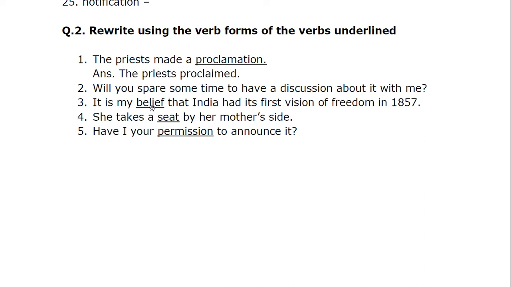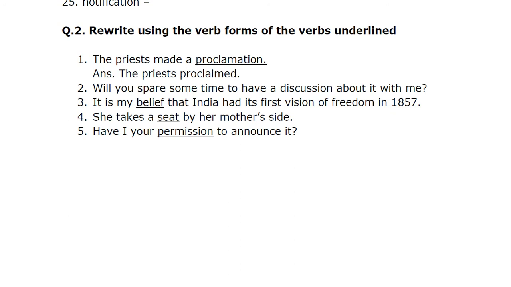So, belief becomes. Okay, I'll tell you another way which is quite easy to do this. When you're doing it, imagine this word proclamation. Okay, and you know the word to. So if you have to say to proclaim, then now you change it according to the tense. To proclaim or proclaiming or proclaimed. That is what you have to put.